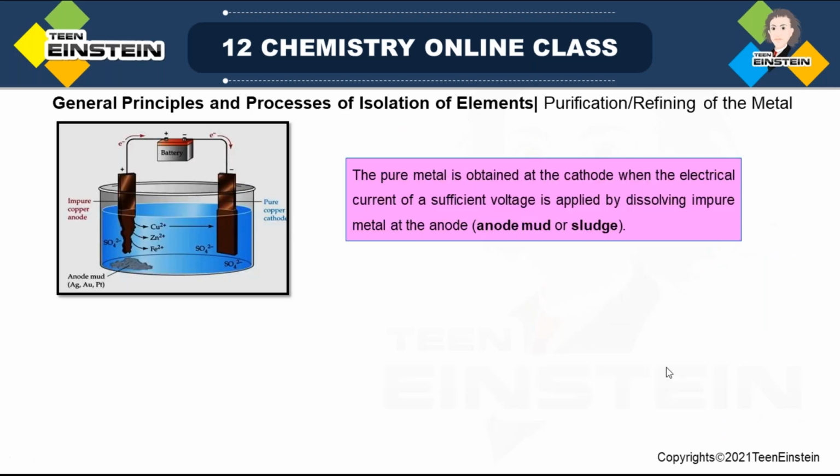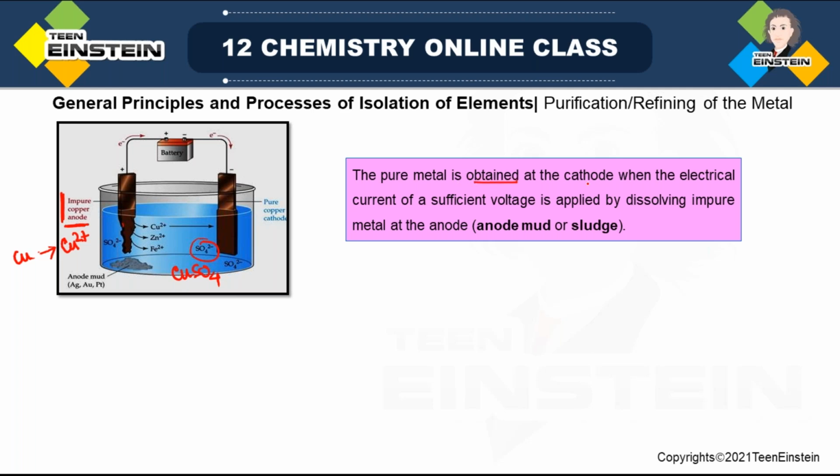So here we will describe the process with the picture. See, as anode we have taken impure copper, and gradually it is corroded. Why? Because here copper is converted to Cu2+. And as electrolyte we have taken CuSO4. So here you will have both the ions, sulfate ion as well as Cu2+.